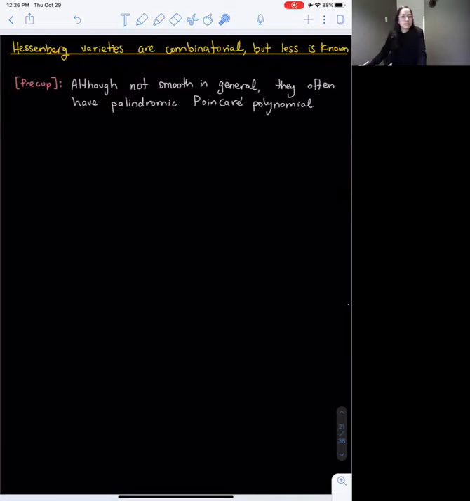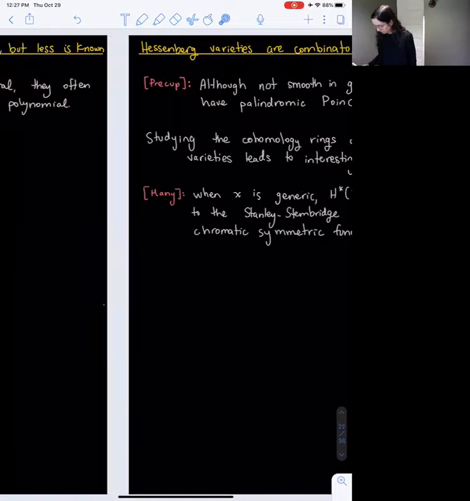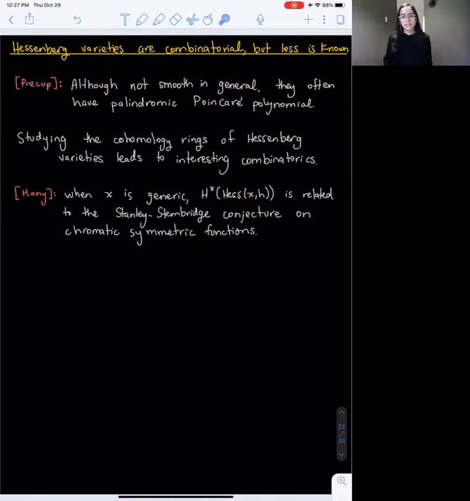However, some things are known. My co-author and colleague Martha Precup showed that although Hessenberg varieties are not smooth in general, they often have palindromic Poincaré polynomials. So that's a very nice fact. And the next thing that I want to mention, I'll spend some time motivating them, is that studying the cohomology rings of Hessenberg varieties leads to interesting combinatorics.